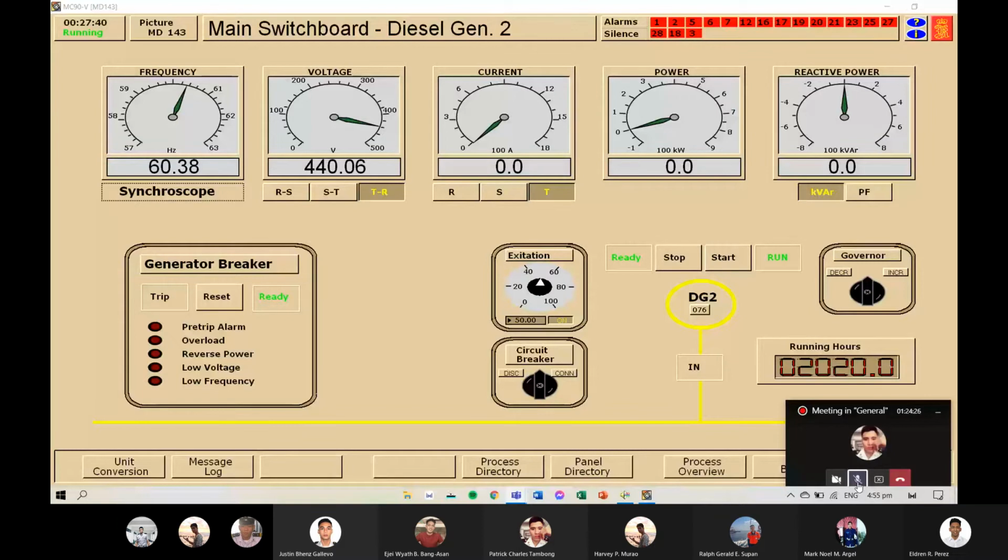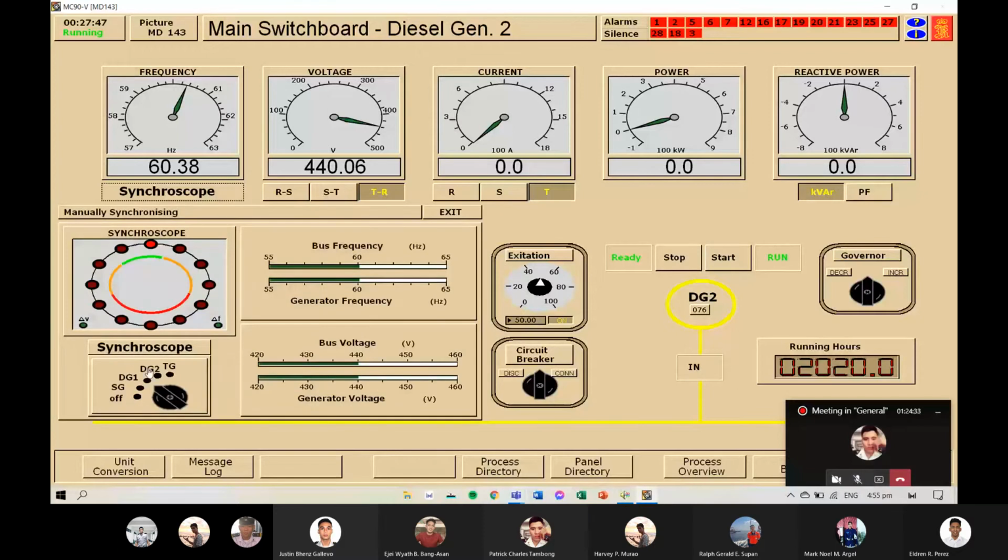Mr. Chief Engineer Perez, sir, press synchroscope button, then select DG2, then adjust the frequency in a clockwise direction. Done. Sir Chief Engineer Perez, sir, close the breaker at 11 o'clock. Done. Mr. Chief Engineer Perez, sir, switch off synchroscope.